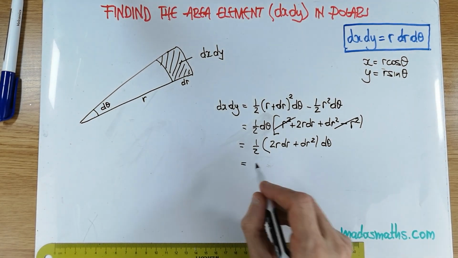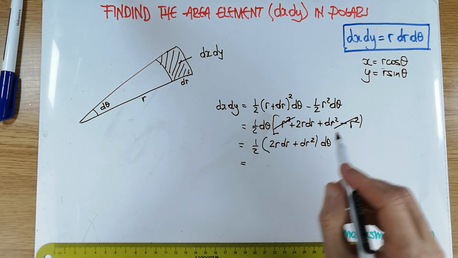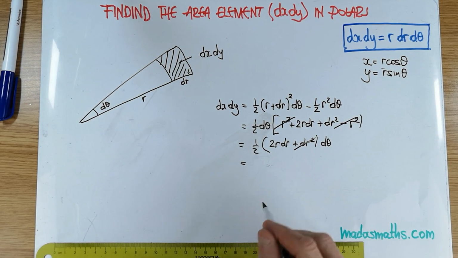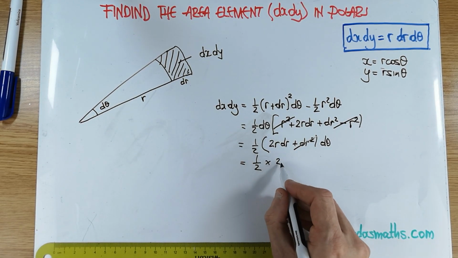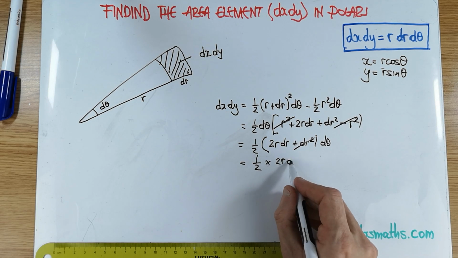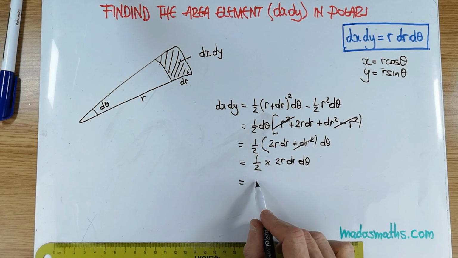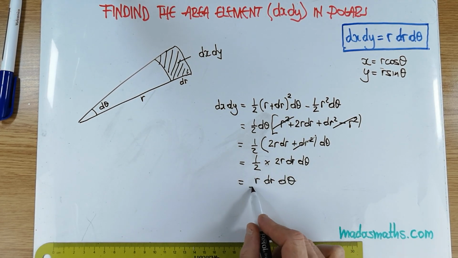Now, dr all squared compared to 2r dr is of a much smaller order, so we can throw it away, and therefore that will be a half times 2r dr d theta, which of course gives us r dr d theta as before.